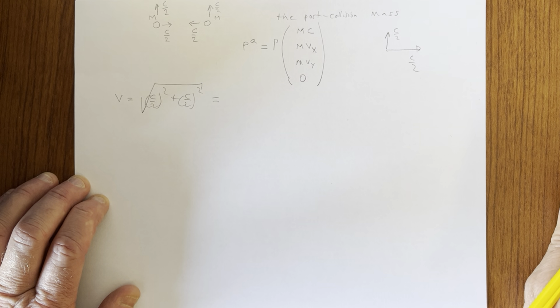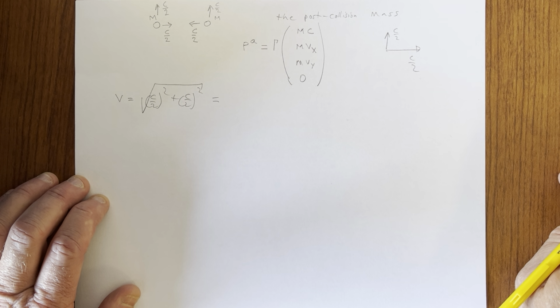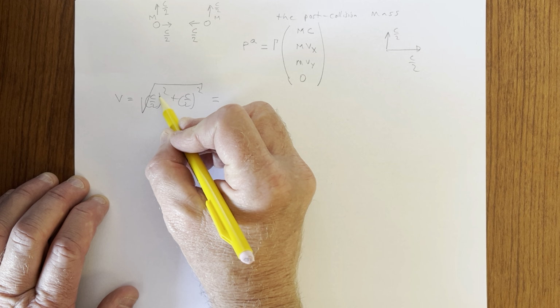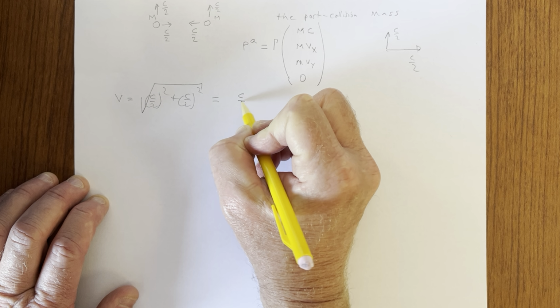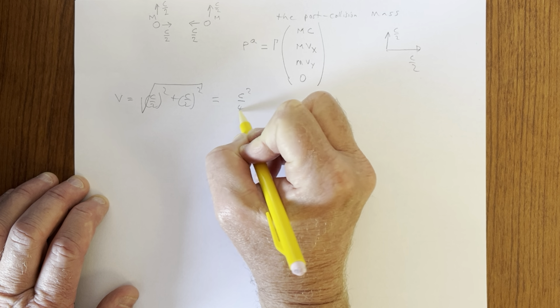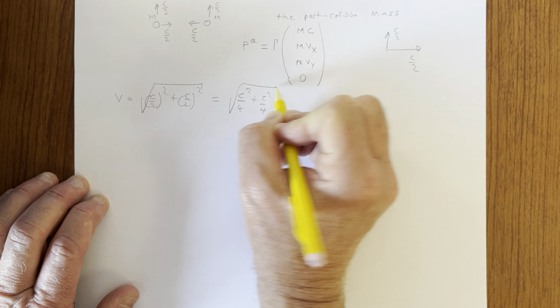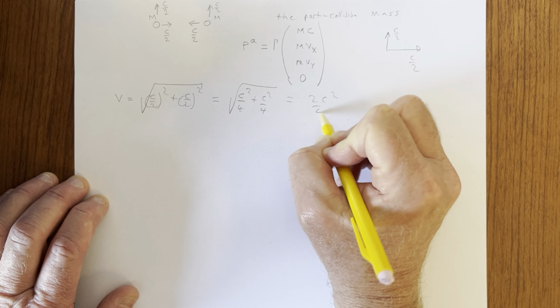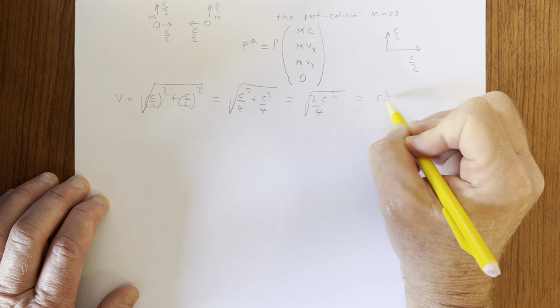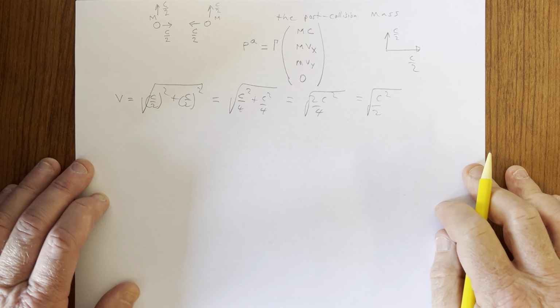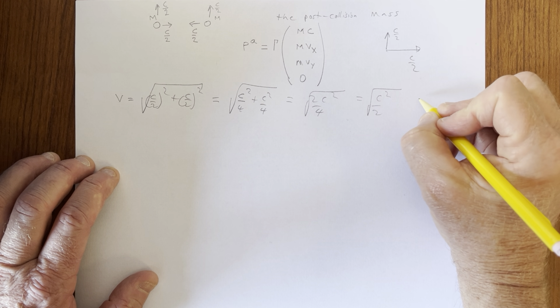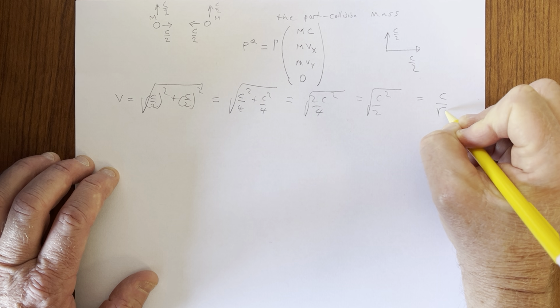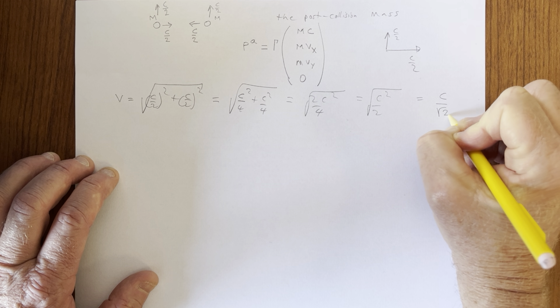That's c squared over 4 plus c squared over 4, square root, 2c squared over 4, square root, that's c squared over 2, square root. And so we have c over square root of 2.